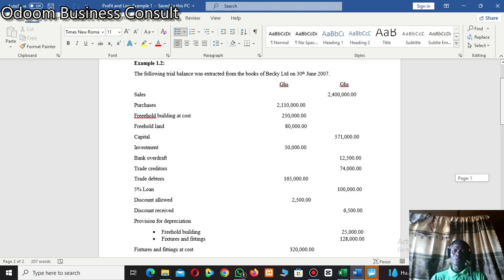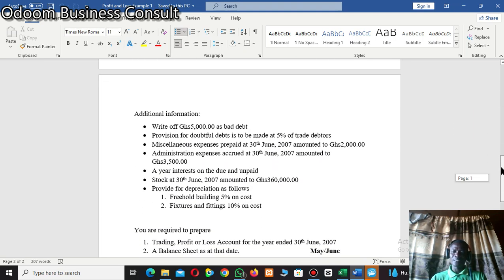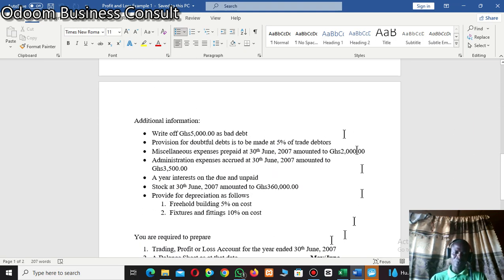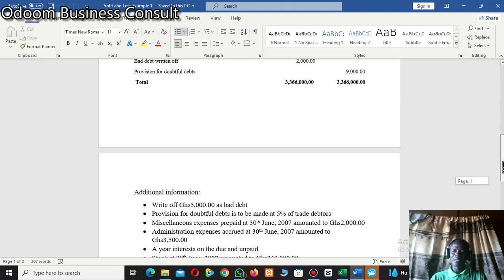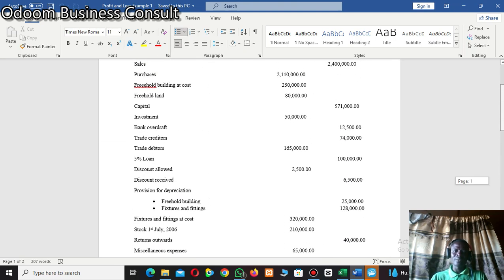After it was presented, it later got to the attention of the accountant that 5,000 cedis cannot be recovered from our debtors. Let's look at the debtors figure from the trial balance. We have about 165,000 as the debtors figure.